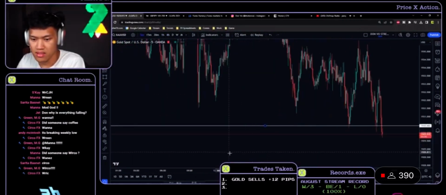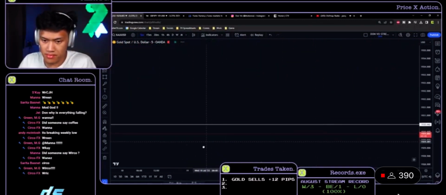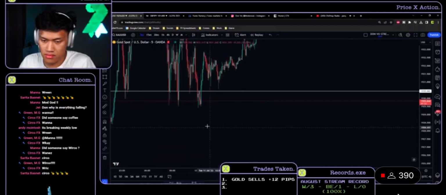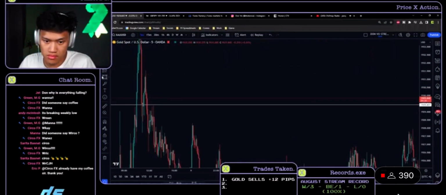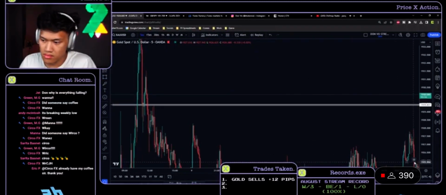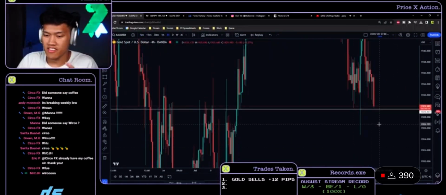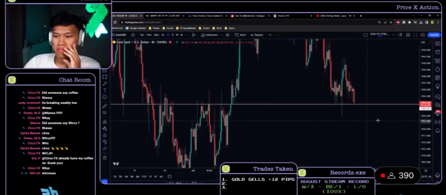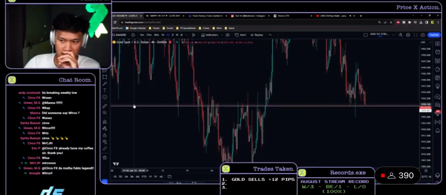But looking at price here, if I can mark up my support here. Because think about it, if price were to continue to pop down here, look at all the times that price popped down to fill the bottom of the range.